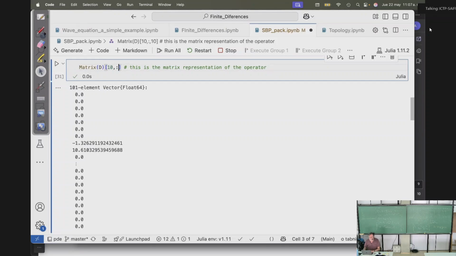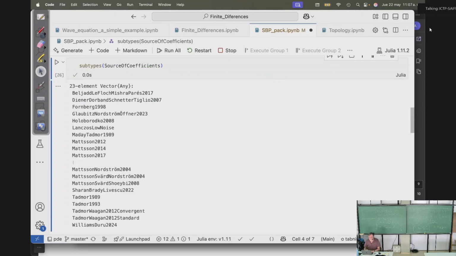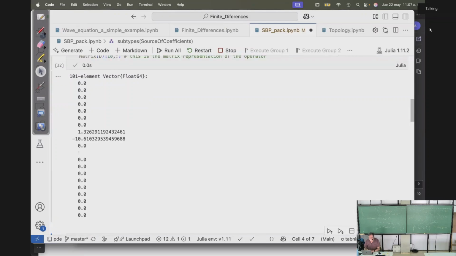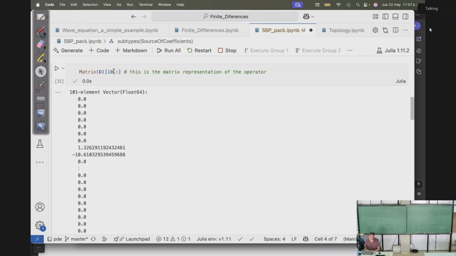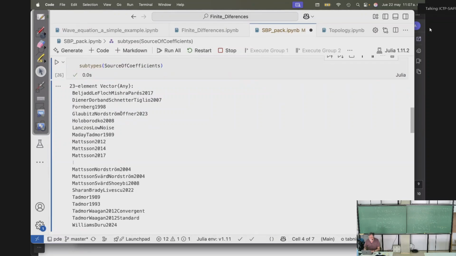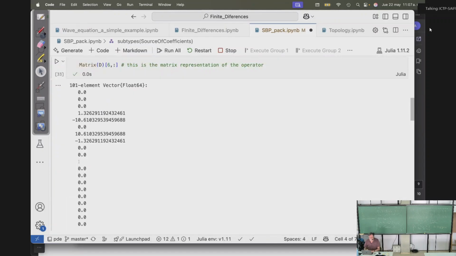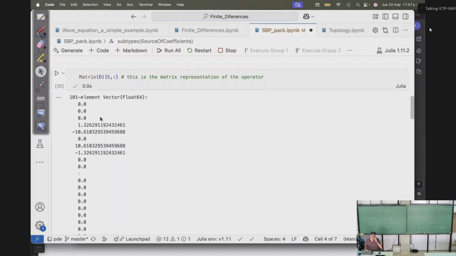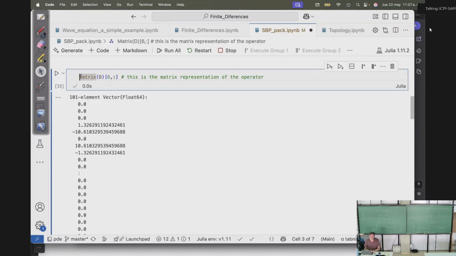These are the rows. I was looking at the columns. Can never see the whole. Yeah, here are the coefficients. You see, we are in fourth order, so there should be 4 coefficients, and these are the coefficients. You have to multiply this by the dx.